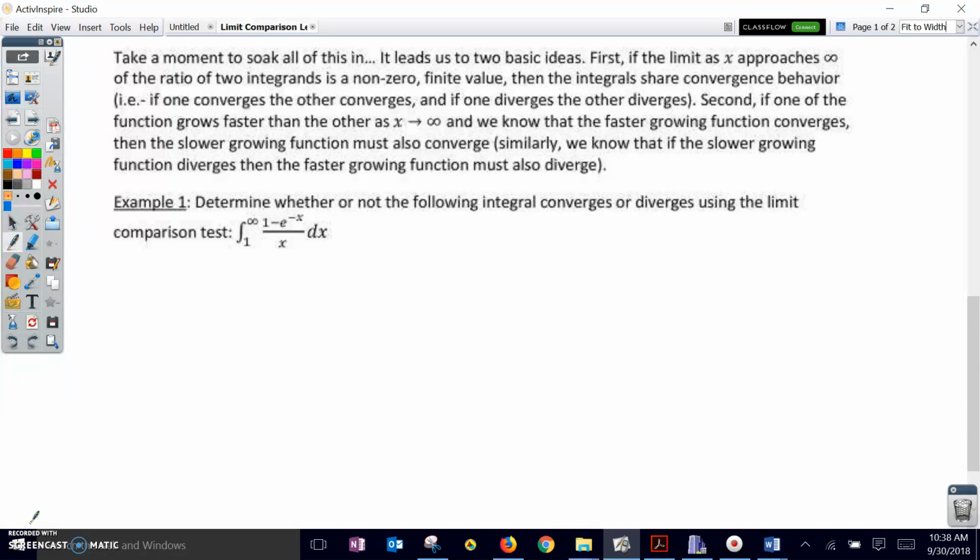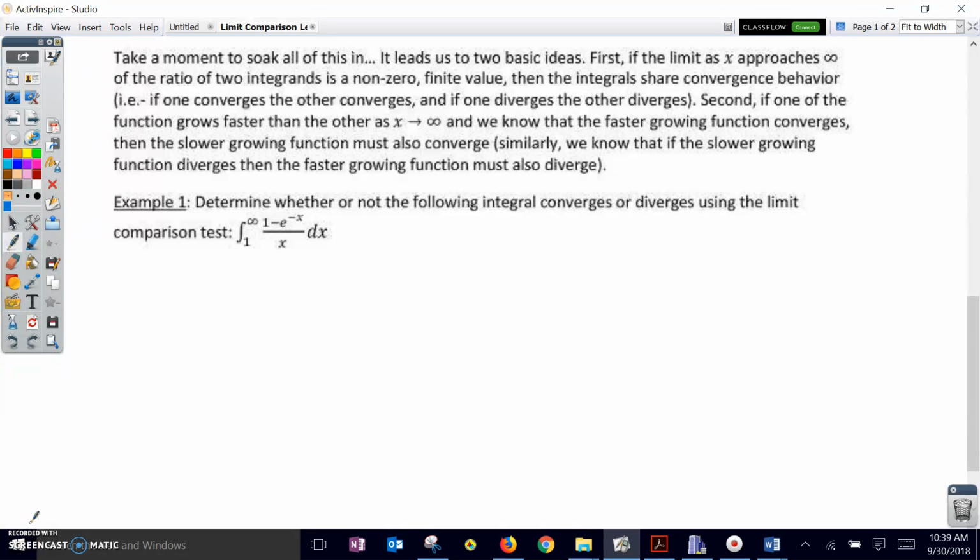And if we can find another function such that when we take the limit of our original function and the other function, it ends up being a finite value, that means that the two functions share convergence or divergence behavior.